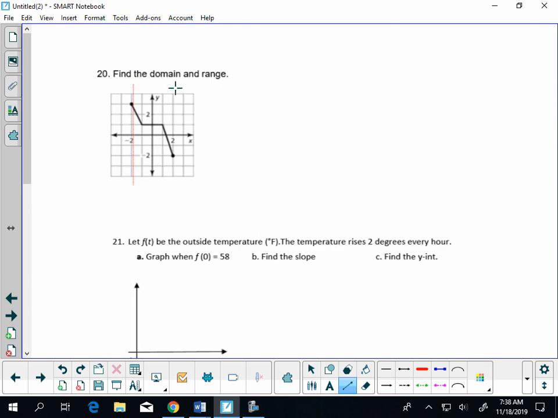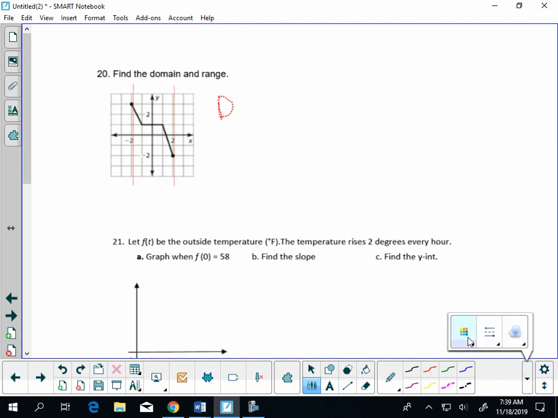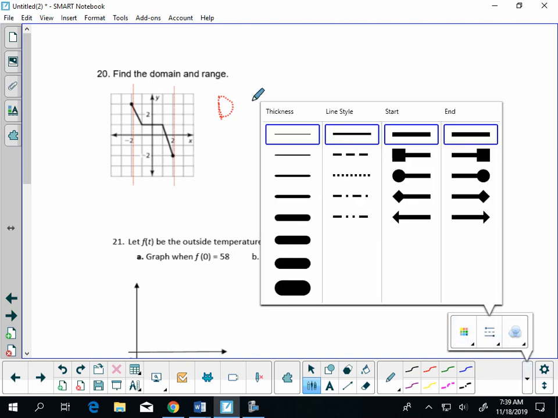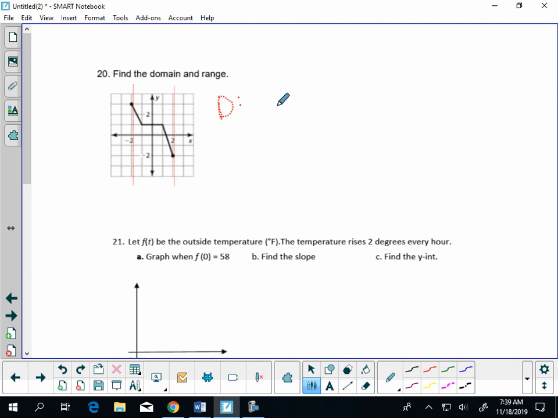Right there, my domain are my x values. So my lowest x value is negative 2. It includes that. And my highest one is 2. Now, we need to find our range.